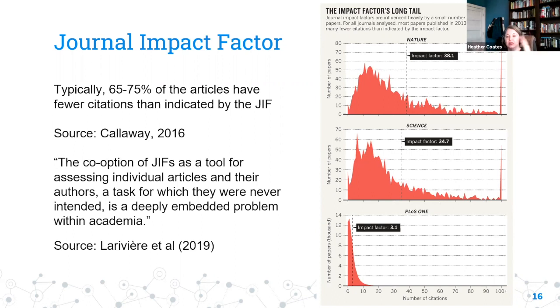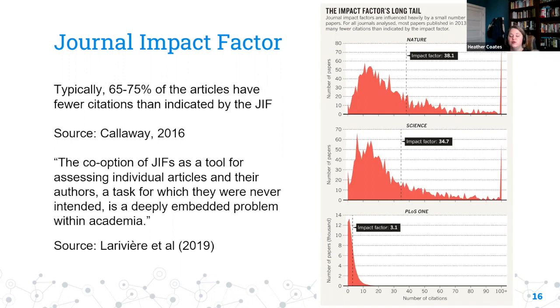So it changes people's behavior in ways that are detrimental to their careers. But also, something important to know is that the journal impact factor was not developed to evaluate individual articles. It was developed to help librarians with collection development, i.e. which journals to purchase.